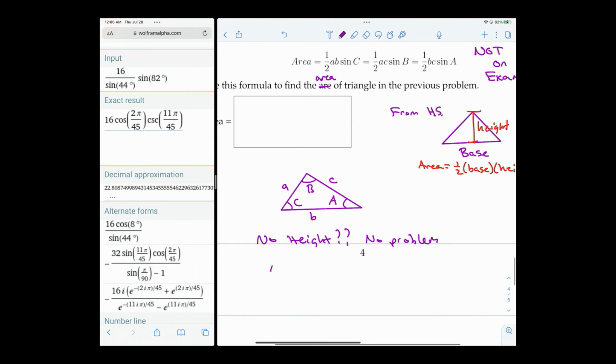So we could use area is 1/2 AB sine C, or 1/2 AC sine B, or 1/2 BC sine A. Any of them. Okay, so any of those formulas would work.